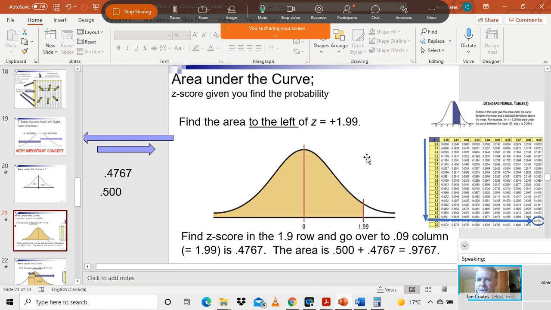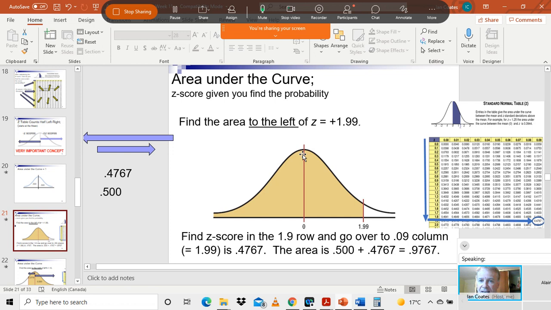So what we need to understand here, find the area to the left of z equal to 1.99. So you're looking at all of this information. So what's the probability of choosing an apple from this bunch right here? Well, what we've got now is, guess. What do you think it would be? Because this side here, we already know the answer. You're not going to find it on the table.